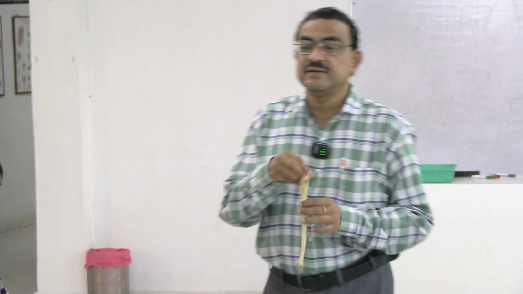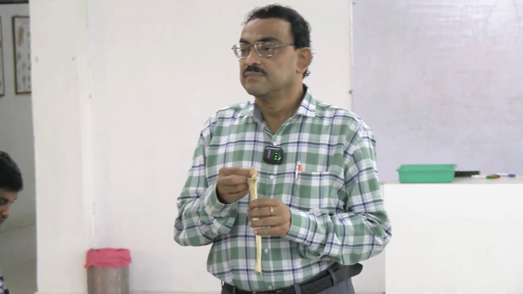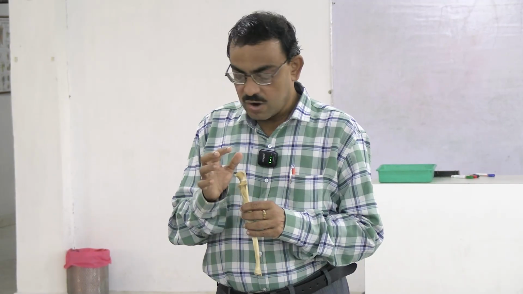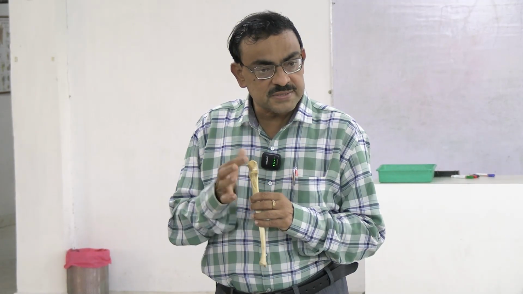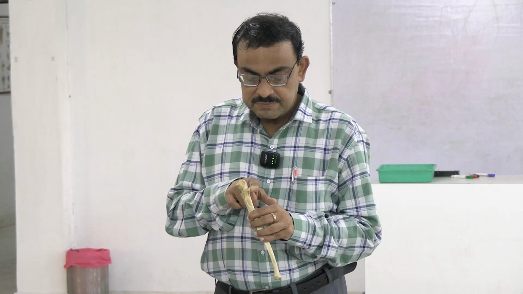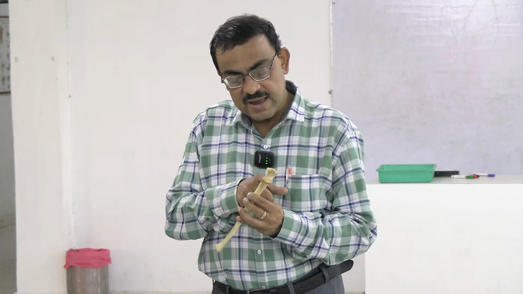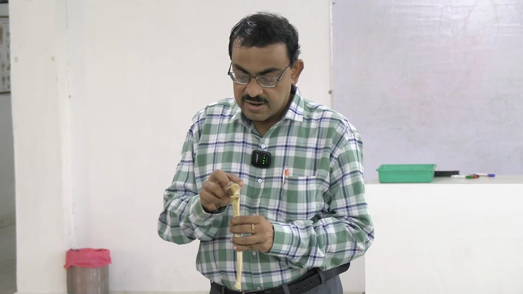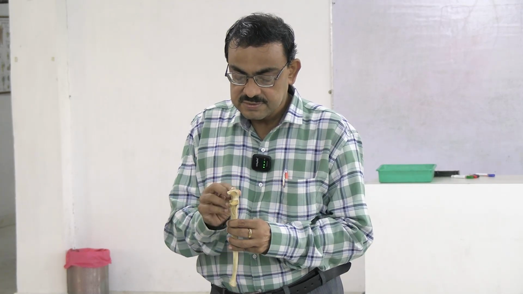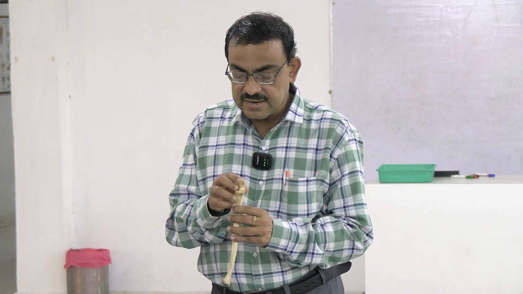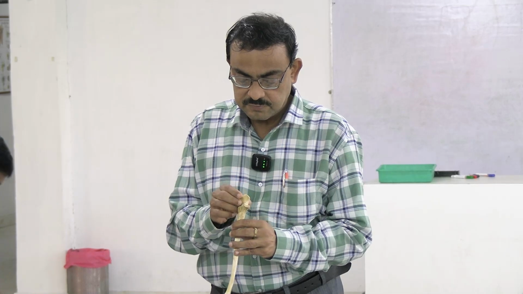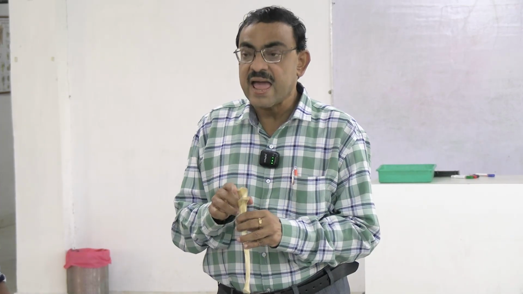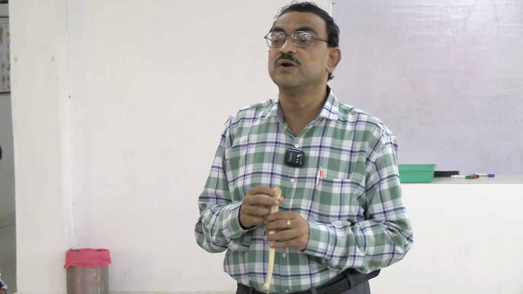So again, I would like to describe this olecranon process. So olecranon process has superior surface, inferior surface, medial surface, and lateral surface. Okay. Now the superior surface, here we are getting an attachment of a very important muscle.